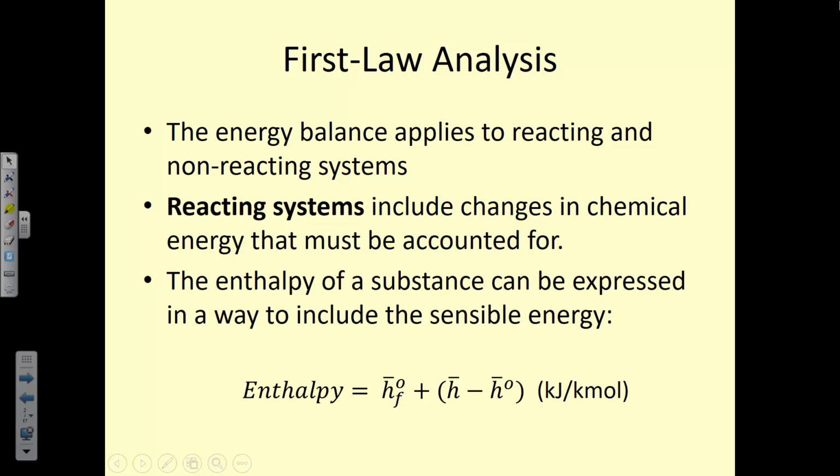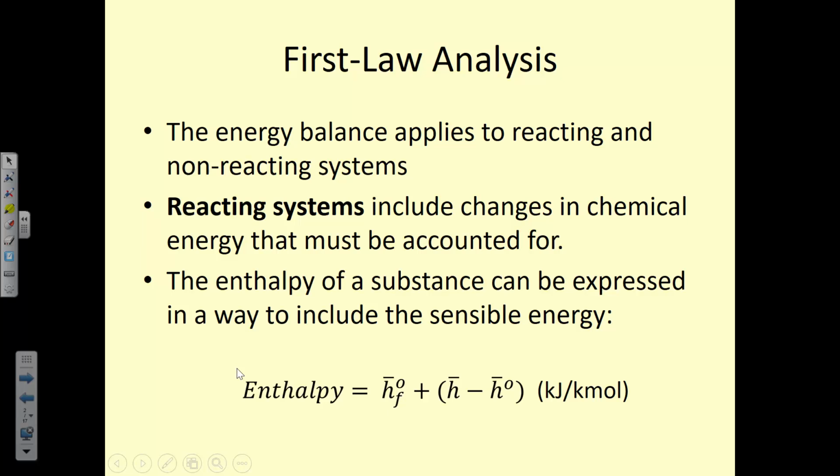If we're talking about energy, it's necessary for us to talk about enthalpy. The enthalpy of a substance can be expressed in a way that we can also include this chemical reaction that's ongoing. When we did the energy balance for a steady flow system, it's just adding up these enthalpies of the inlets times their mass flow rates and the enthalpies of the outlets times the mass flow rates, finding the difference between the two and seeing how our energy changes over time.